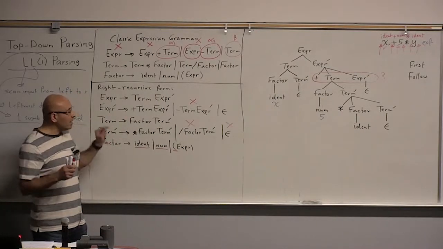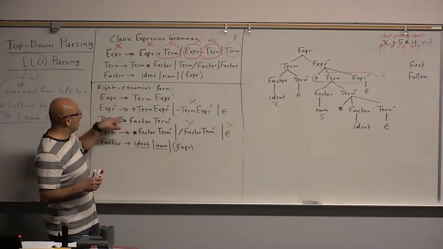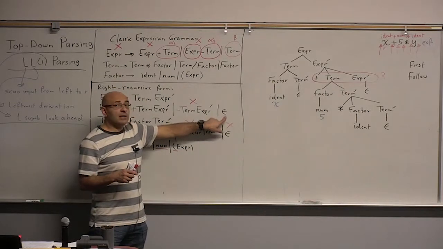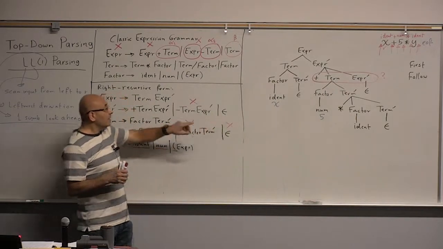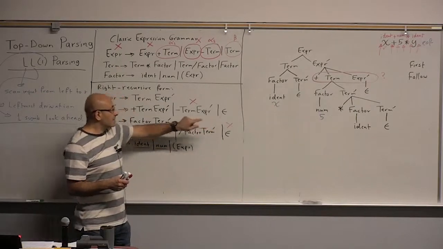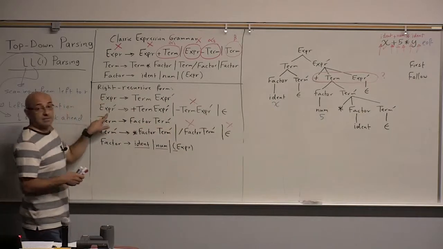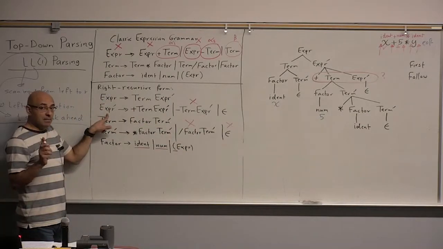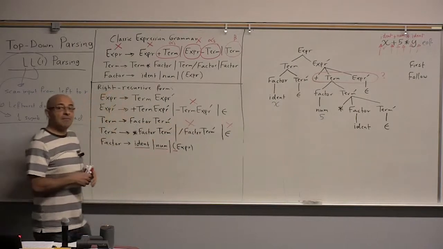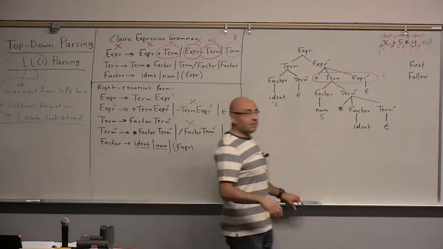But we also have to look into the follow, because if there is an epsilon, then substituting an epsilon may be correct if what we are seeing in the input appears in the follow set of this. If what we are seeing in the input appears in the follow set of this, epsilon will be a valid substitution. So let's now compute the first and follow sets.